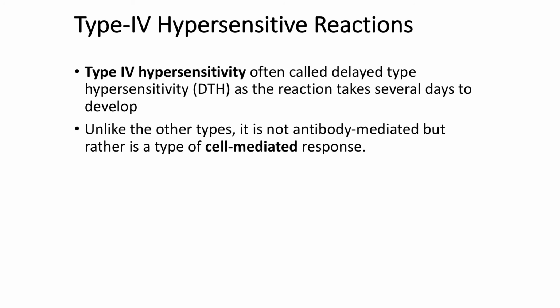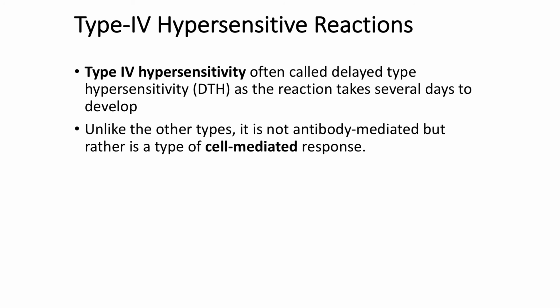In case of type 4 hypersensitive reactions, often also called as DTH, delayed type hypersensitivity, because previously you have seen all the types 1 through 3, they give reaction in small time span immediately, but this one is delayed type of hypersensitivity, as the reaction takes several days to develop.